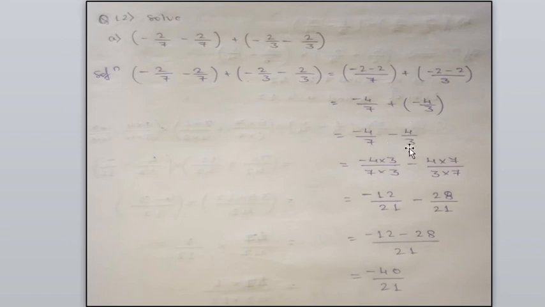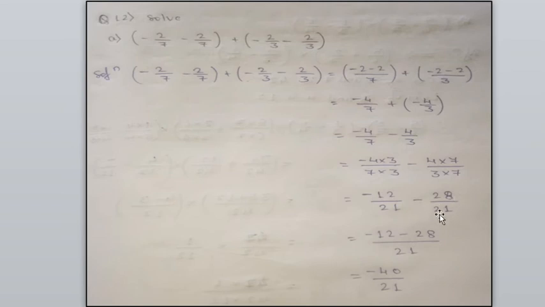Now between them we have to do the subtraction again. For that we want the denominators to be the same, but here the denominators are different. So we simply do the cross multiplication. That is minus 4 into 3 divided by 7 into 3, minus 4 into 7 divided by 3 into 7. So that is minus 12 by 21 minus 28 by 21.